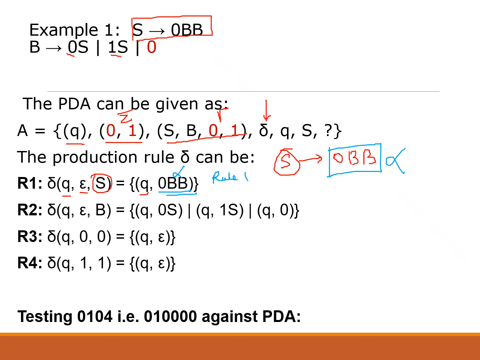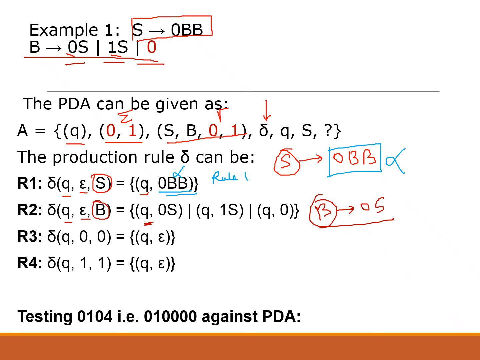Next, we'll consider the next rule which is available. This is B tends to 0S. There are three rules which we can expand B to. Let us consider the first one, B tends to 0S. So this is Q, epsilon. B is the non-terminal under consideration.